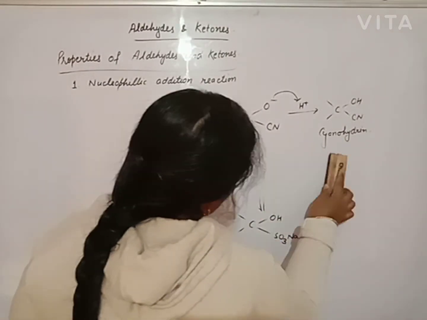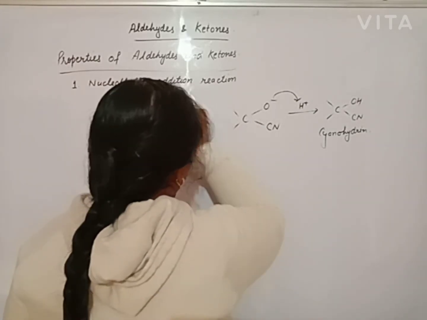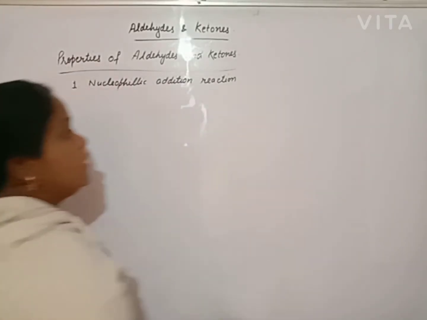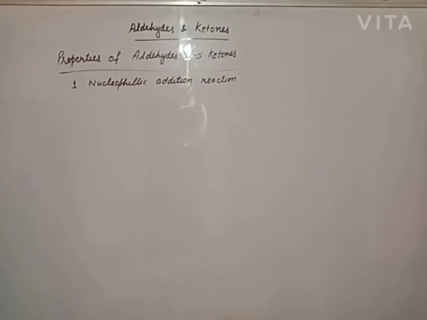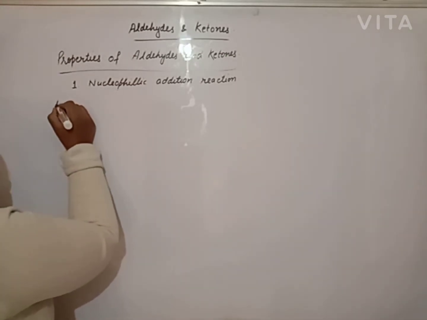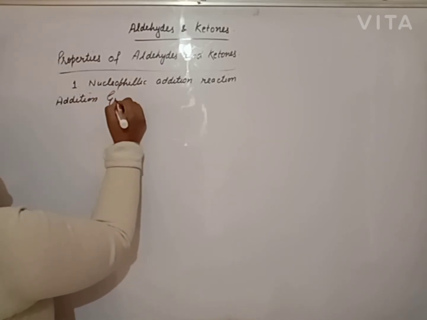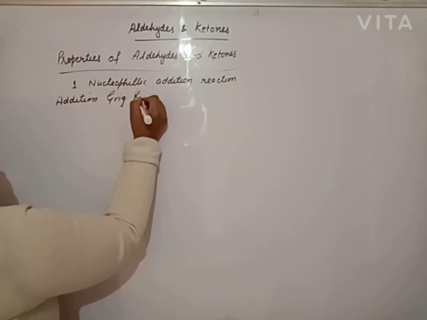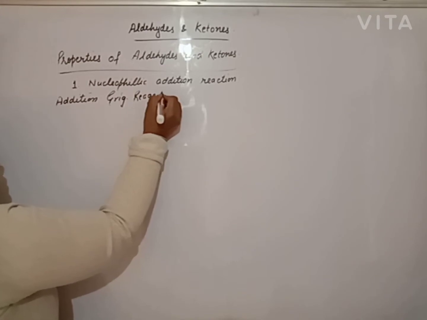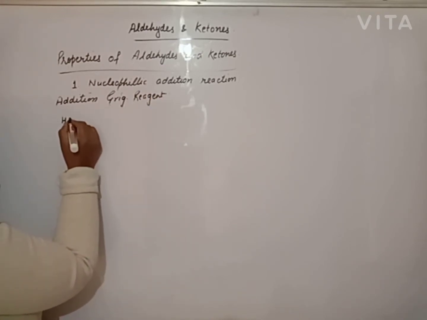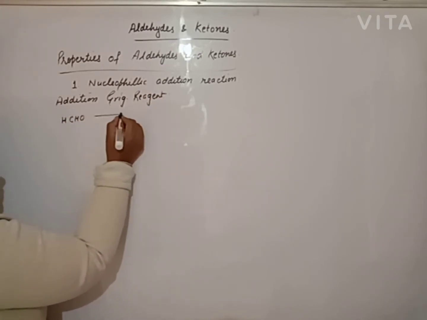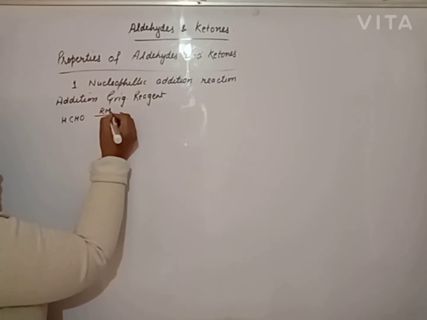Clear? And beside these, one of the most important reactions you studied already in the chapter alcohol and phenol for the preparation of primary alcohol, secondary alcohol, tertiary alcohol, that is the Grignard reagent. Addition of Grignard's reagent. When Grignard's reagent reacts with formaldehyde, it will give primary alcohol.